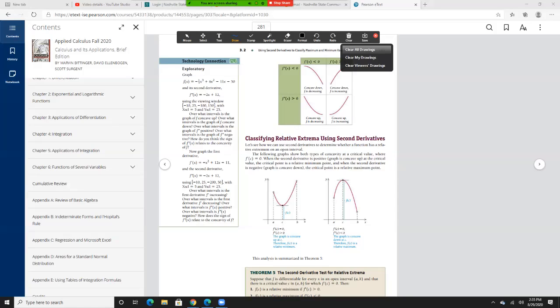So what does that tell us? Well, since it's concave down, the second derivative has to be negative in both of these instances here. And on the bottom row, since both of those are concave up, that tells us the second derivative is positive. Now let's look at the columns. Every graph in this column has a negative first derivative, which means it would have to have a negative slope at any point. So we would have negative tangents here for any point.